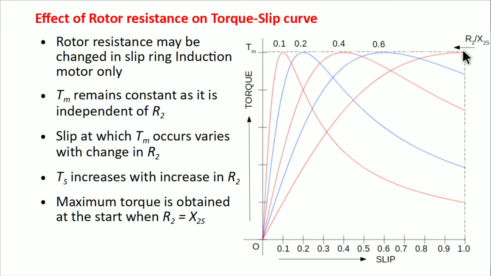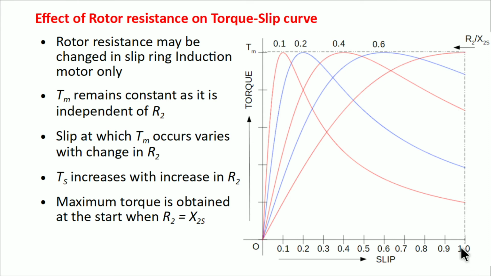So maximum torque is obtained at the time of starting when R2 is equal to X2S. So in a nutshell we can say three things happen: maximum torque does not change, the slip corresponding to maximum torque changes with the change in resistance and is shifted towards the right, and starting torque increases with the increase in resistance.